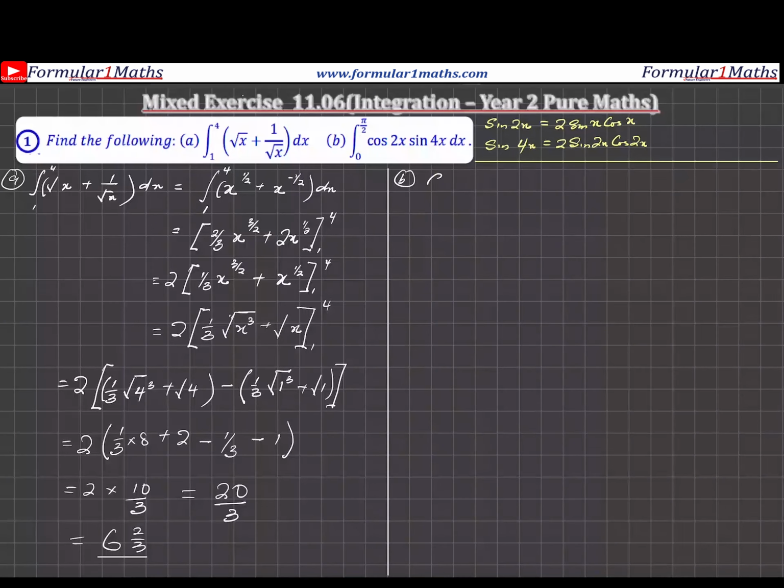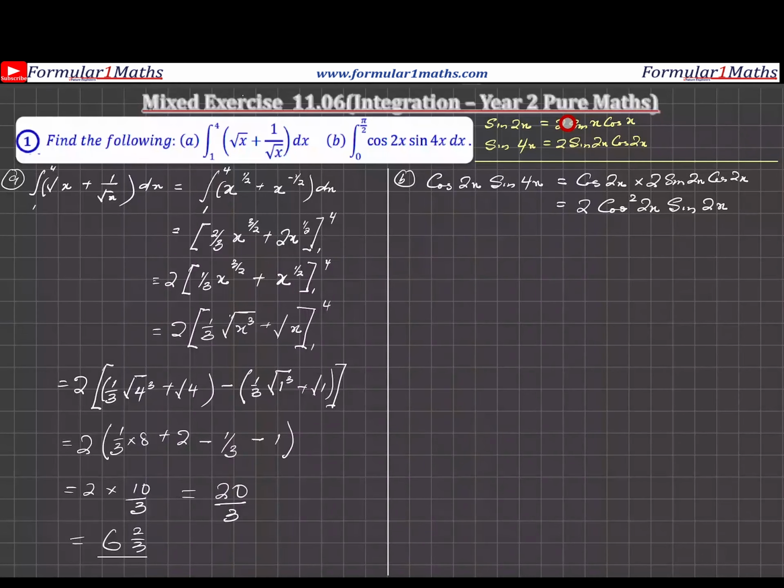So cos 2x sine 4x will be equal to cos 2x times 2 sine 2x cos 2x. This can be simplified to 2 cos squared 2x sine 2x. So now this integration can be replaced with that.